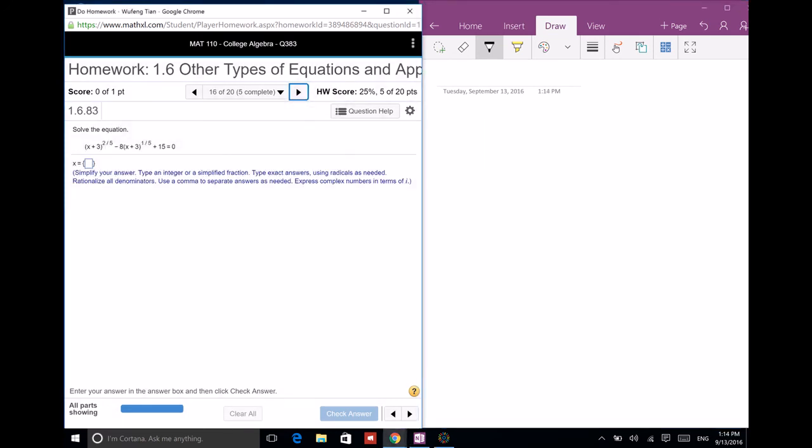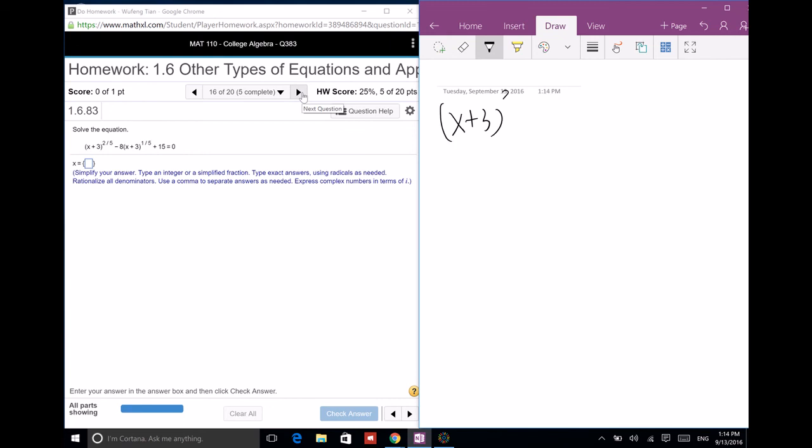Number 16. Well, this one you have to use u substitution now. So (x plus 3) raised to the power 2/5 minus 8 times (x plus 3) raised to the power 1/5 plus 15 equals 0. You have to use u substitution for this one. So let u equal (x plus 3) raised to the power 1/5.